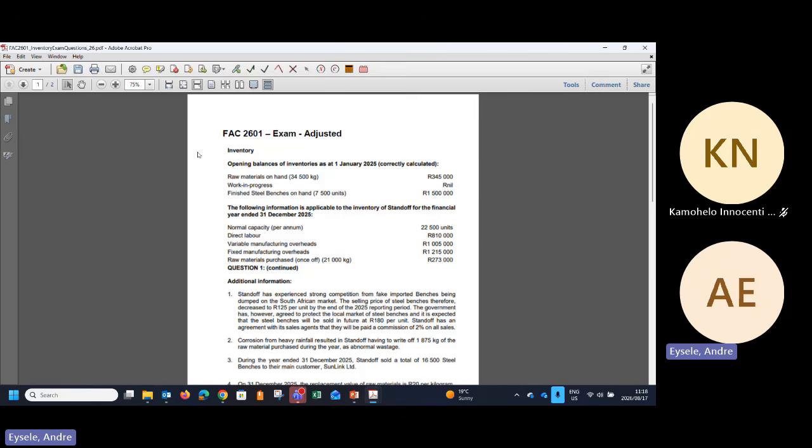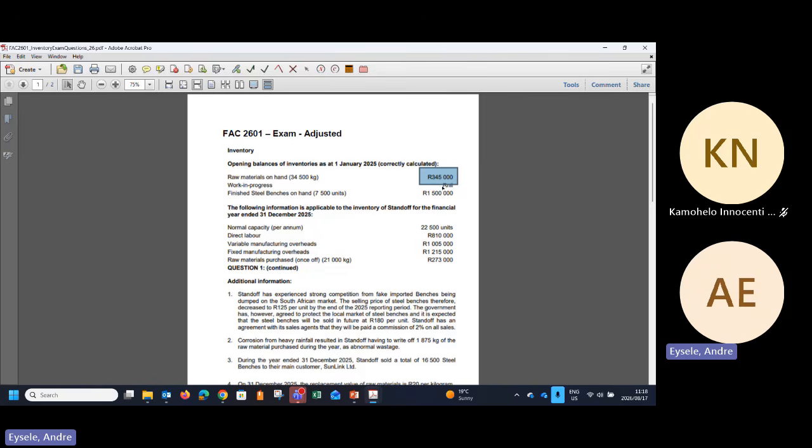They said the opening balances: you had raw materials on hand of 34,500 kilograms, which equates to 345,000 rand. Immediately you can see that it calculates to 10 rand per unit, 345,000 divided by 34,500. That's your opening stock value.